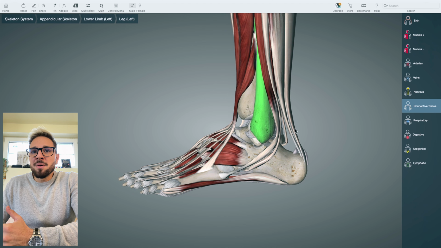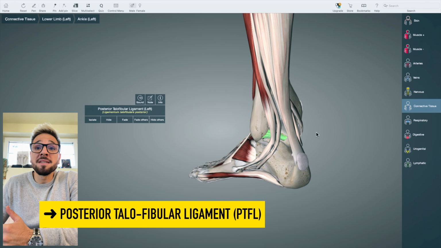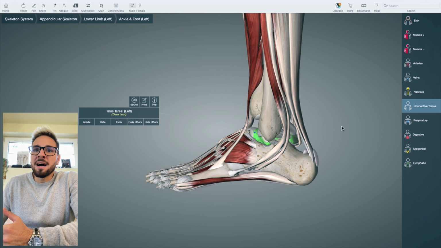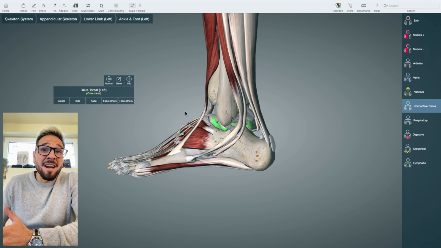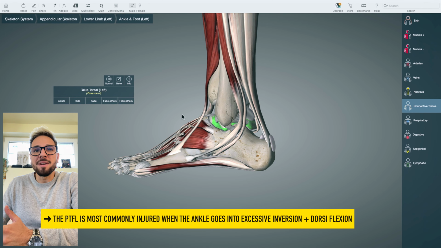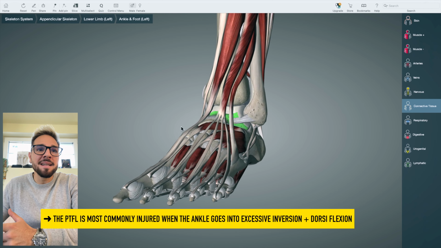Now the next ligament that I need to look at is the posterior talo-fibular ligament. This is usually the hardest ligament to injure, especially to tear. You have to drive the ankle in with a lot of force and not just completely inwards, so that complete inversion.